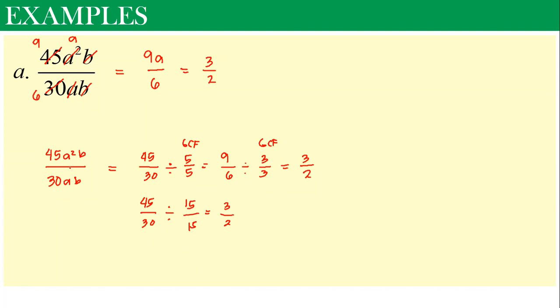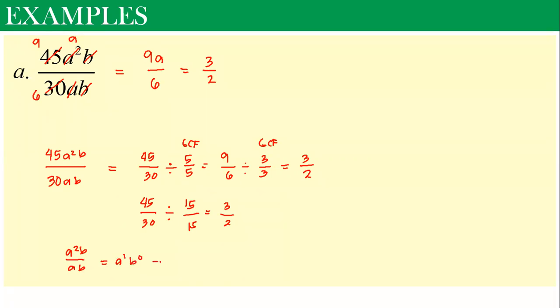Now, let's have the a squared over nb and then ab. So, here we will just use the division. Okay? A squared divided by a, just subtract the exponent. That's why we get a. And then b divided by b, subtract the exponent. That will be b raised to 0. Sulat muna natin. So, this will be a raised to 1 and b raised to 0. 1 minus 1.